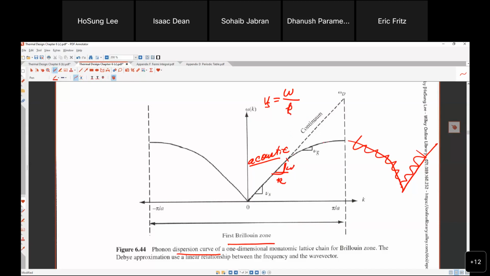But near the boundary, near the lattice, it's deviating. Most of here is acoustic, but very near the boundary is something we found mathematically. We found it just by calculation.